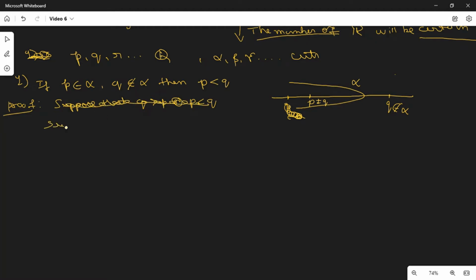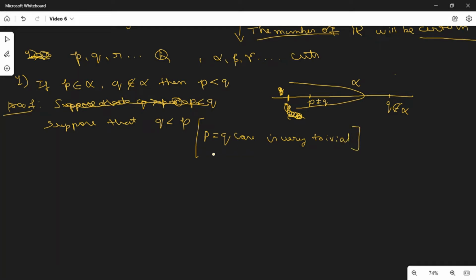Suppose that our Q is less than P. That means we are taking it here, so our Q is less than P. Suppose this happens. I'm not going to show what happens if P is equal to Q. The P equals Q case is very trivial. You can think.